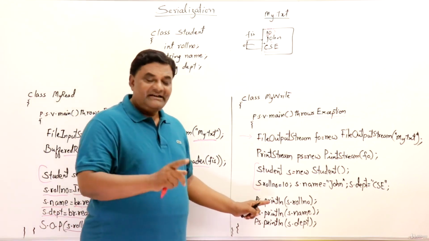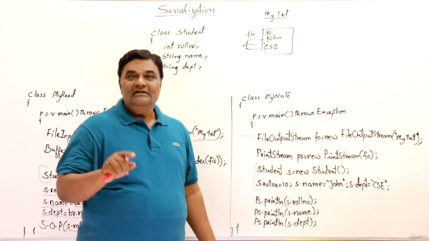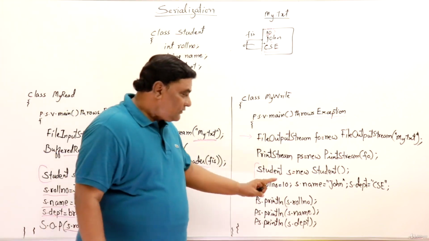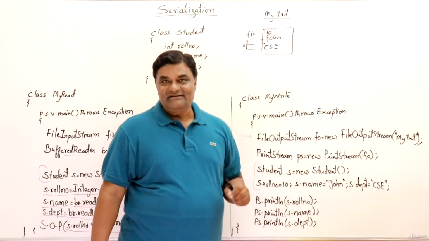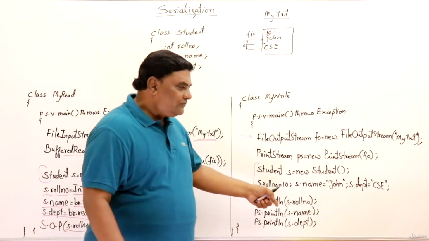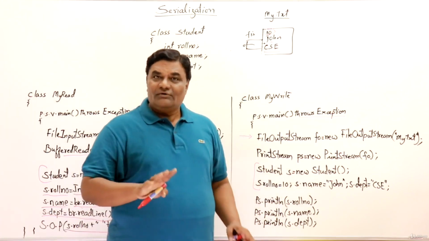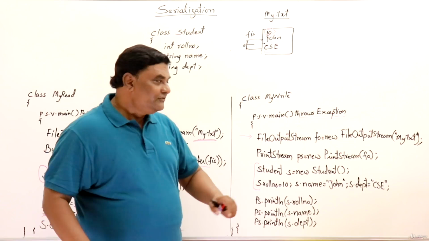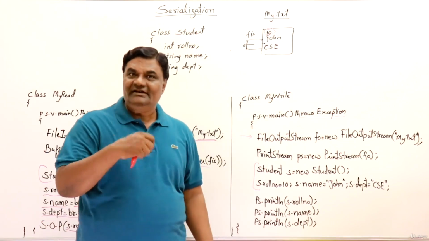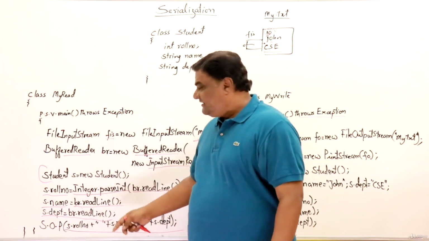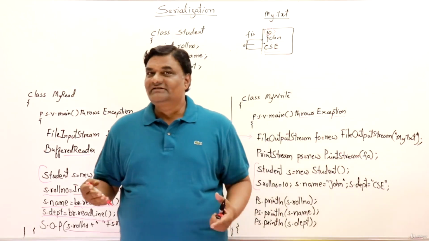Roll number separately, name separately, and department separately. Now the problem here is that the roll number I have stored as a string, not as an integer. The other two are strings anyway. So it means whatever the type of value is, using print stream I can store only a string, and while reading I should typecast it. So this is a problem.